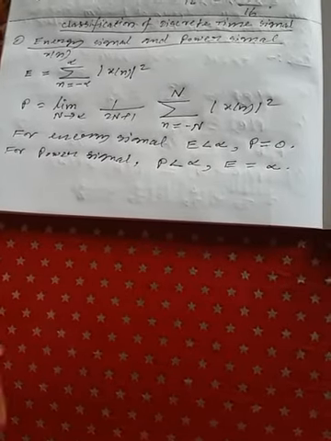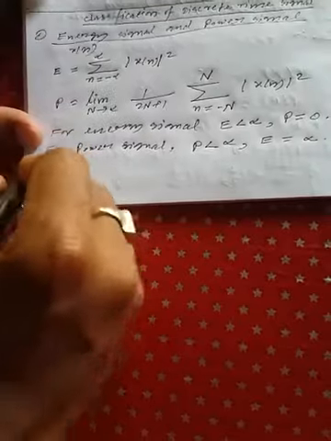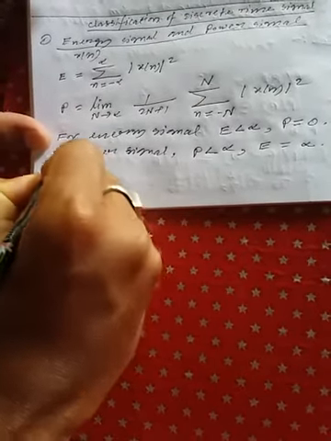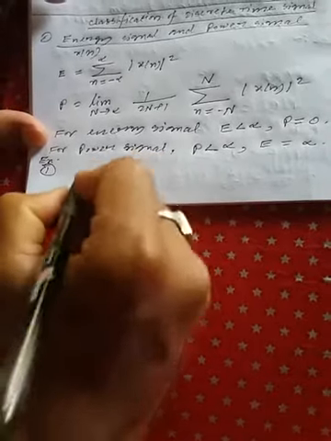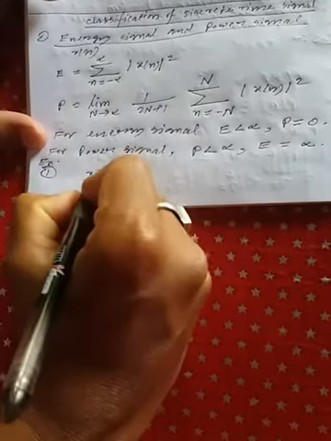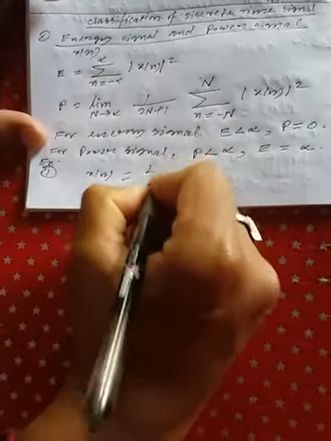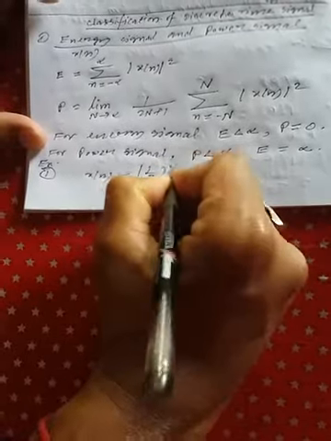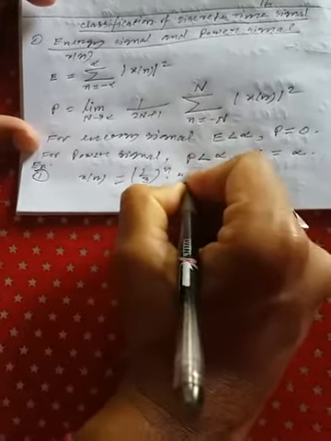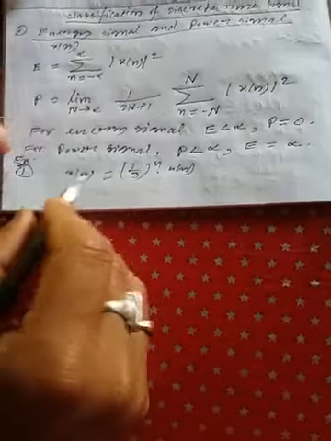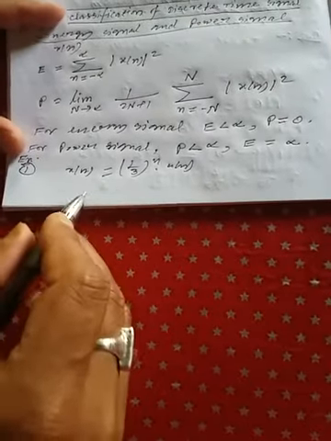Let us take an example. Suppose this is example number 1, where the signal is given by x[n] equal to (1 by 3) to the power n into u[n]. This is the discrete time signal given.